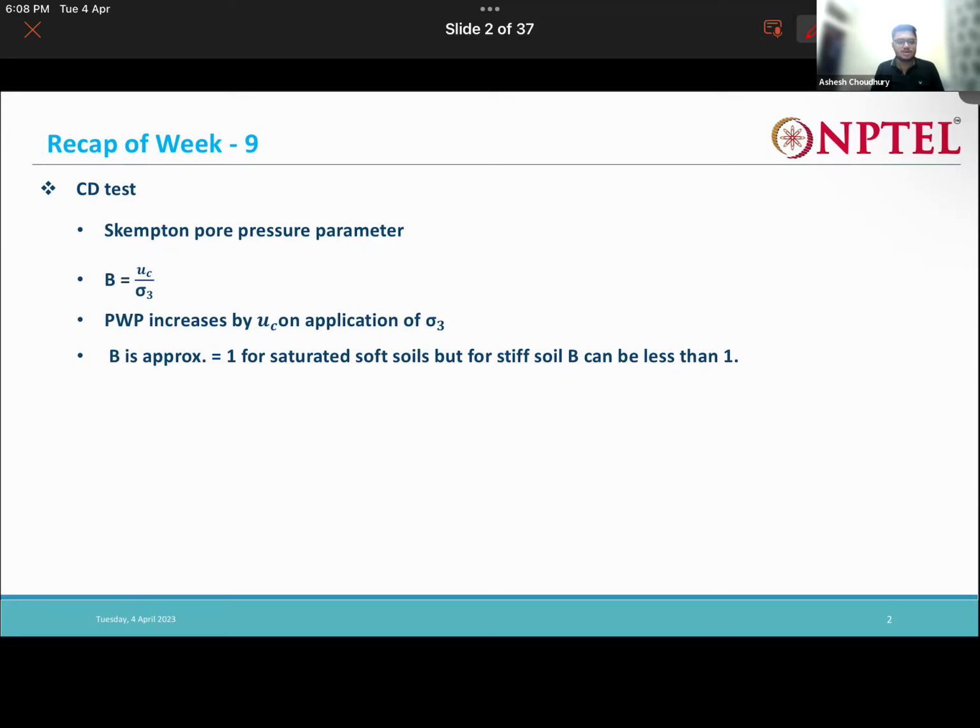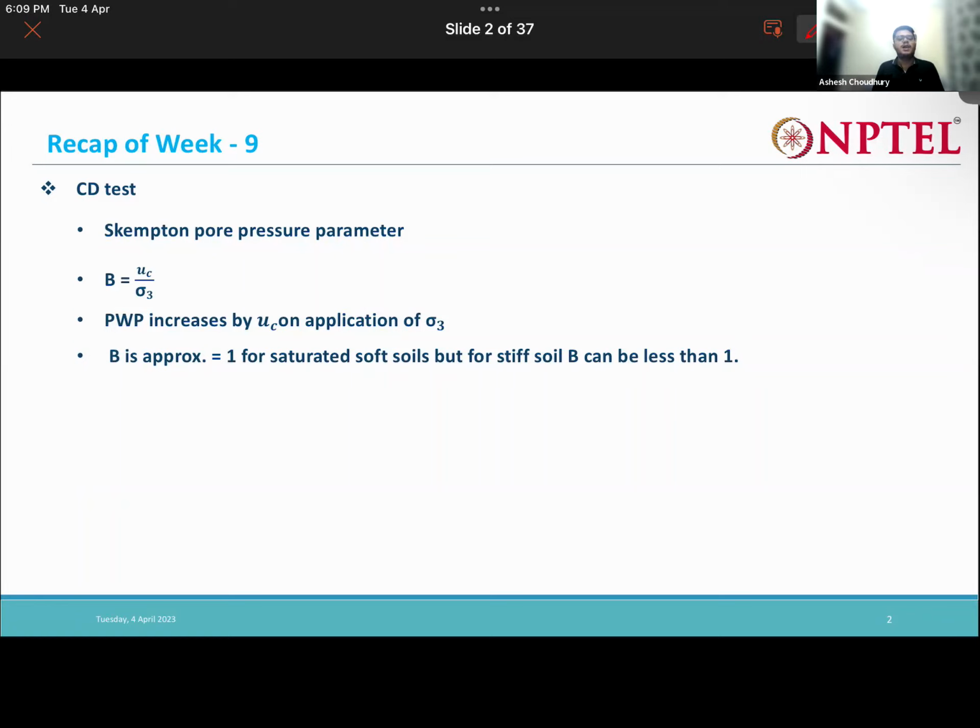As we have discussed, in all triaxial tests there are two stages. The first is the consolidation stage, and the second is the shearing stage. In the CD test, in the first stage, as it is a consolidated drained test, my drainage valve will be open.